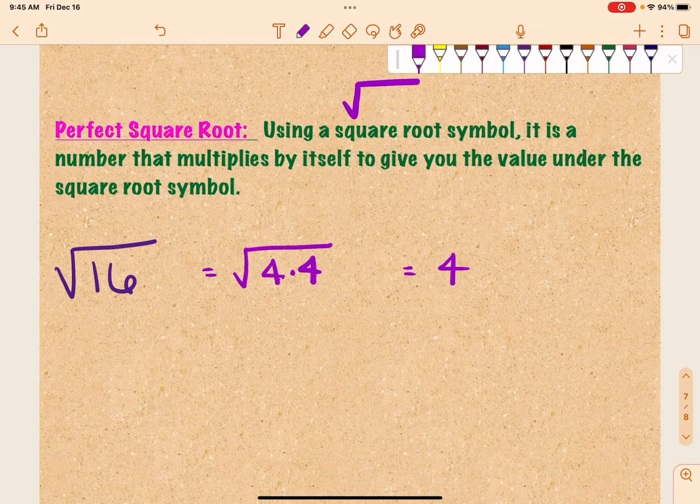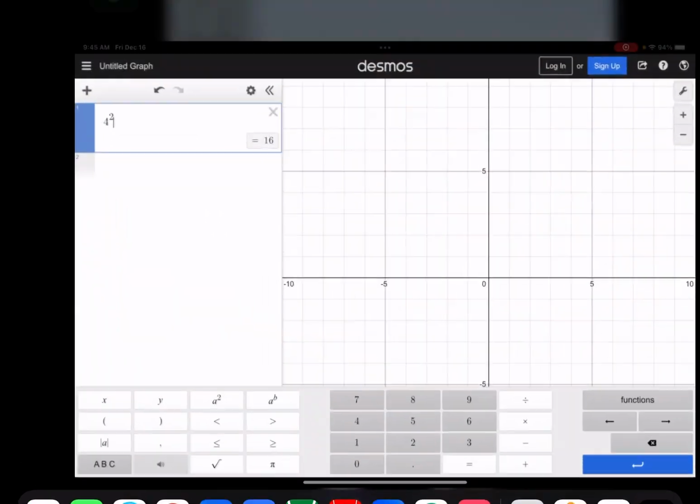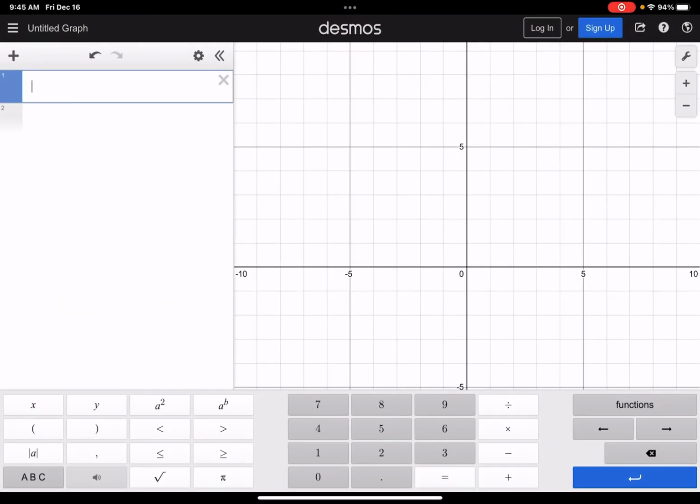Okay, now we were just talking about using Desmos, so let me pull that up again. The nice thing about Desmos is it has a square root. So if you look towards the very bottom row, there is a square root symbol. So if I put 16 there, it'll tell me what it is. Now, there are times that you might do a number and you won't get a whole number.